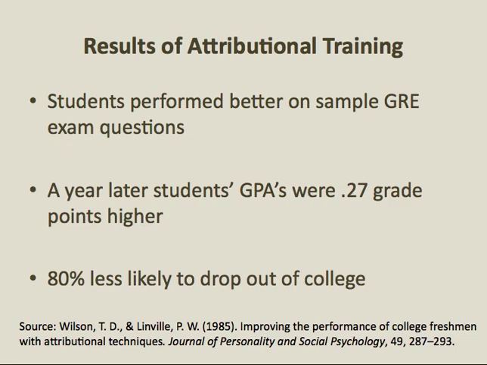Simple exposure to these video accounts had an effect on students. Students performed better on sample GRE exam questions. A year later, the students in the intervention had GPAs that were 0.27 grade points higher than students in a control group, and the intervention students were 80% less likely to drop out of college.